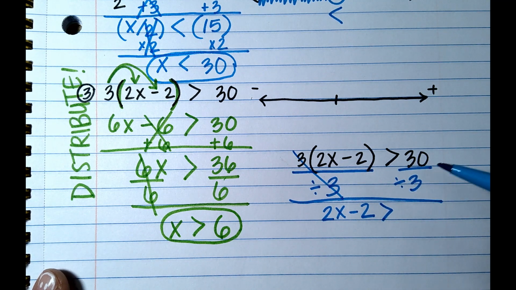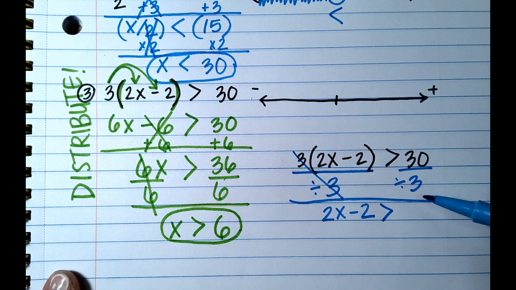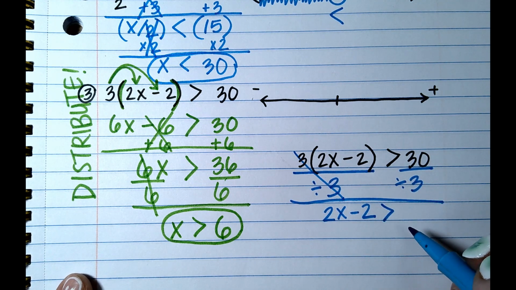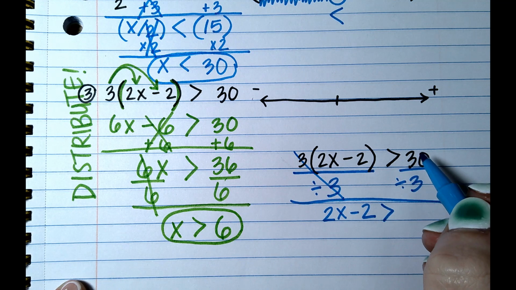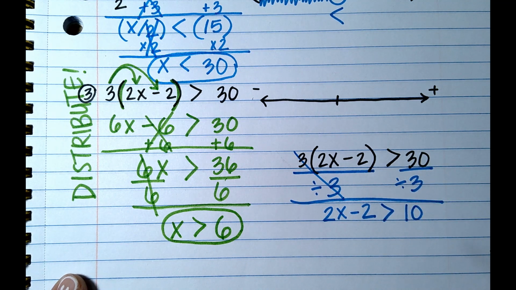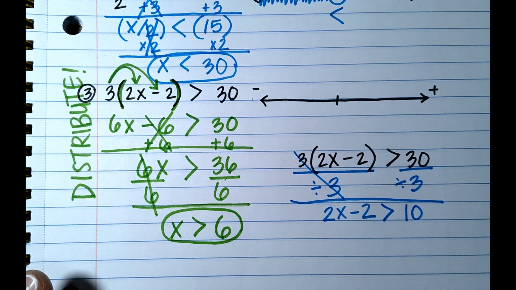And 30 divided by 3. What will that give us? 10. Yes, 30 divided by 3 gives us 10.